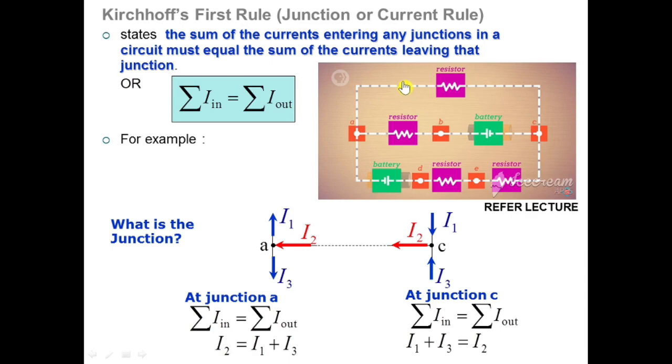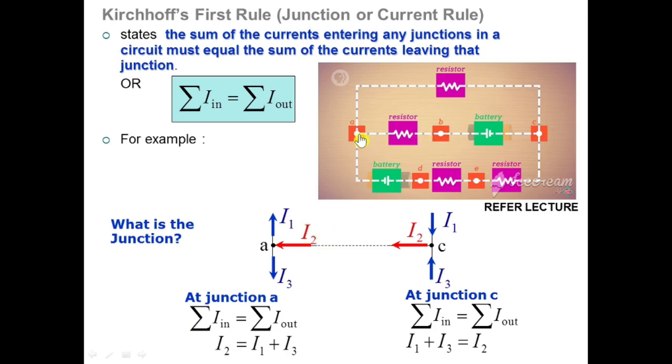So let's say we have this type of circuit. We choose one junction, for example, junction A. If the current flows from battery number 1, from the positive terminal, and enters the junction A, the first current we label as I2.